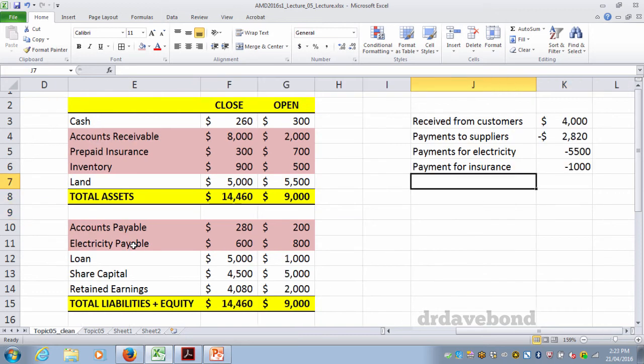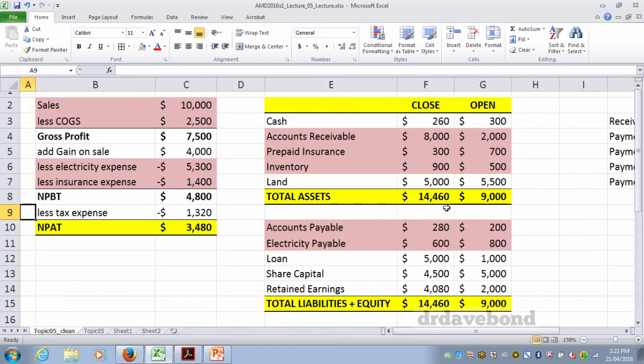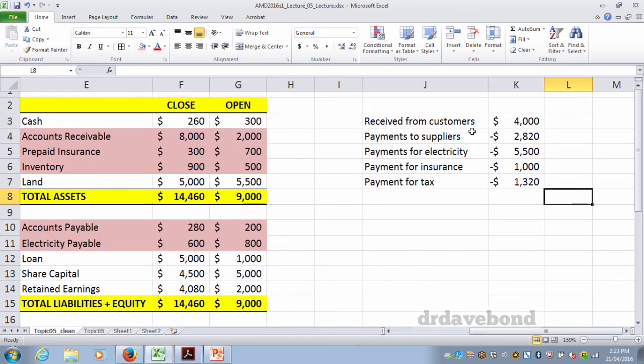So we can just go payment for tax. And I'll just note this out. And again, I will make this Excel available as I've done with the others later today or tomorrow. And that's it. Those are our operating activities.